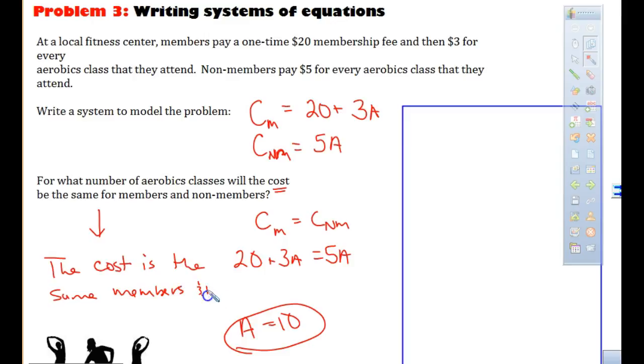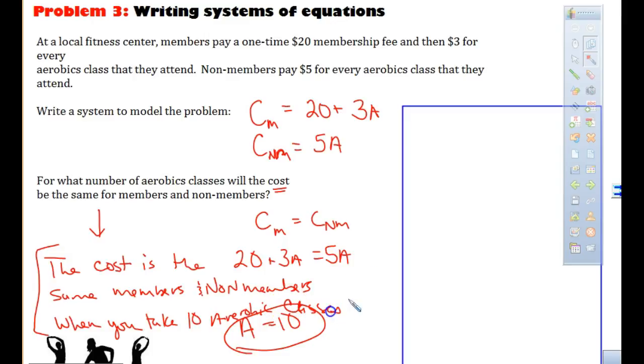So you impress your English teachers. Our science teacher, Mr. Olson, is really big on rewriting the sentences, so is Mr. Bradley. So the cost is the same for members and non-members when you take 10 aerobics classes. That is the difference between just simply telling me A equals 10 and then answering the question.